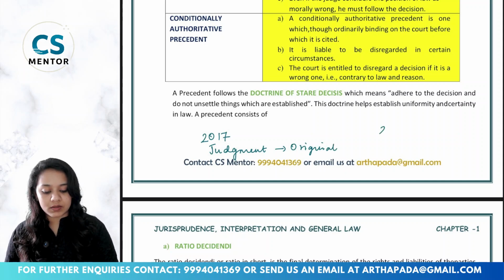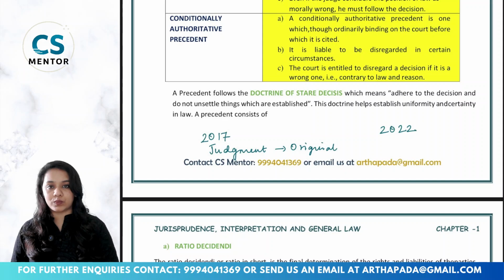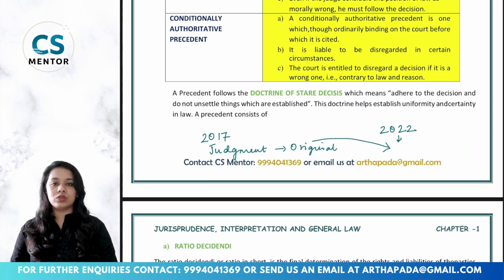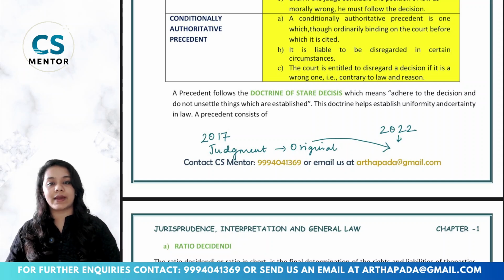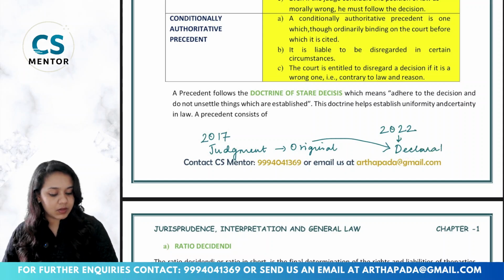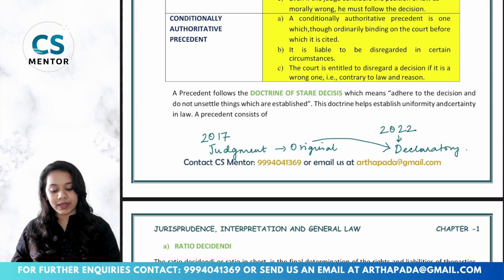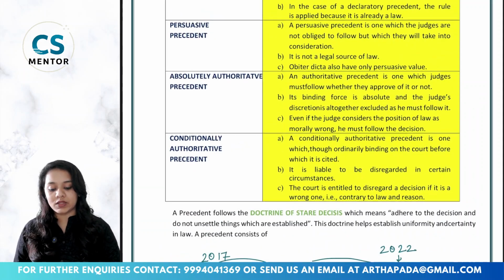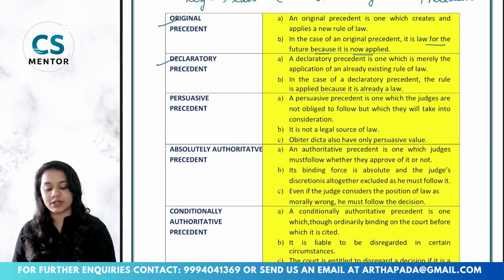Now, similar matters come up in the year 2022. In the year 2022, the court will simply apply this original judgment. They won't think about it, they won't try to apply new principles, nothing. They will follow it as it is. And hence, the court is merely declaring an already existing judgment that was given in the year 2017. And that is why this is known as a declaratory precedent.